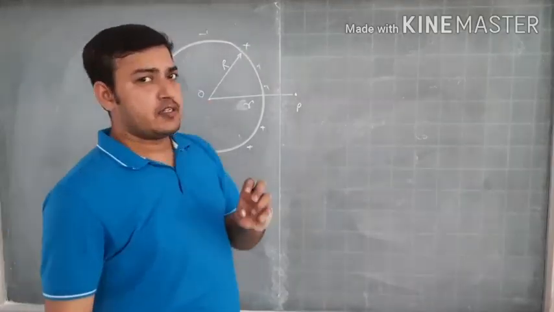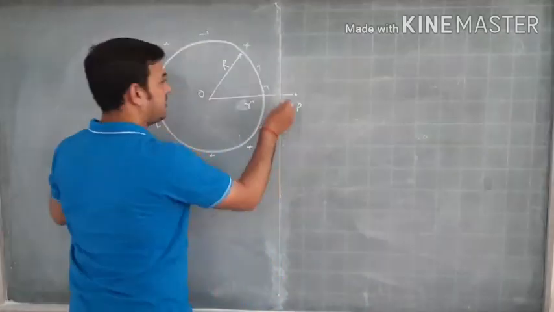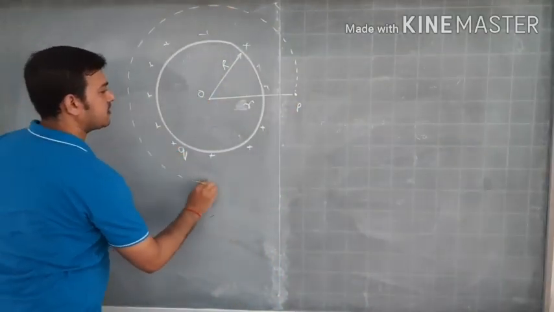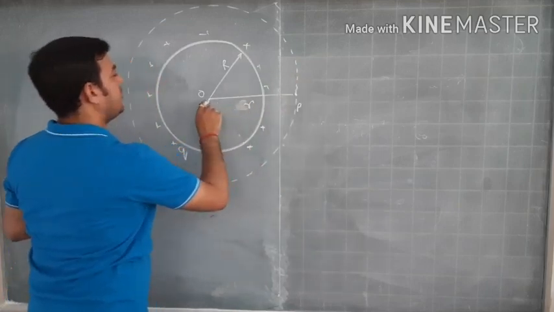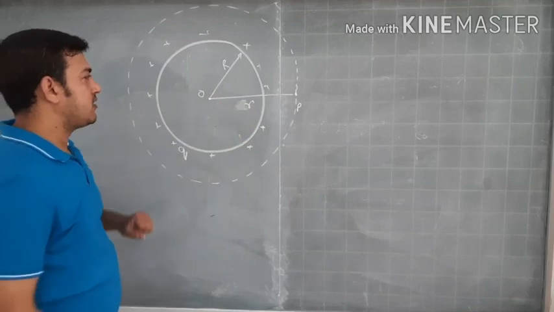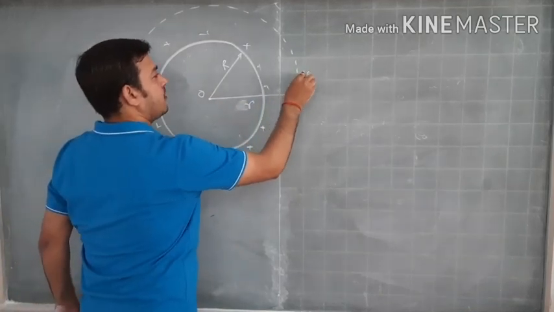So to apply the Gauss theorem, first of all we need a Gaussian surface. With this symmetry we can draw a Gaussian surface, a spherical surface, taking the center as the center of the charged shell. So this is my spherical Gaussian surface, and to calculate flux we need a small area first of all.